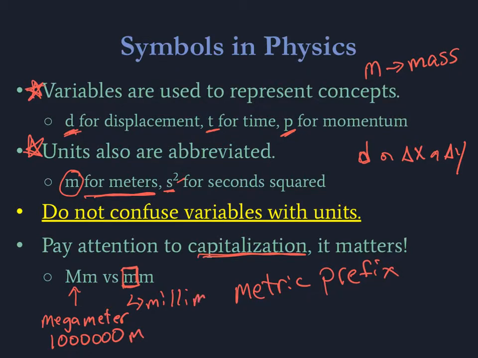Lowercase m is millimeter, and that's this. So you can see that by making an inaccurate capitalization, we could have a very, very significant difference in our expected outcome or in our calculation. Right? That's a difference of a power of 9. So pay attention to capitalization, pay attention to whether or not you're talking about variables, units, or metric prefixes, and always double check.